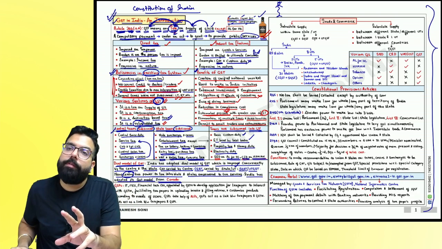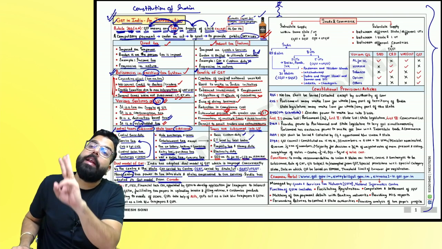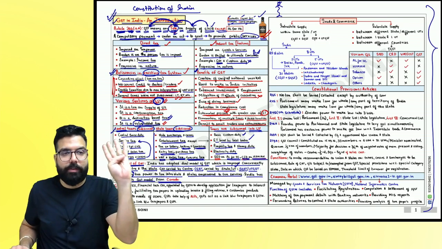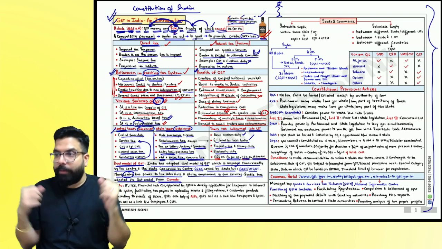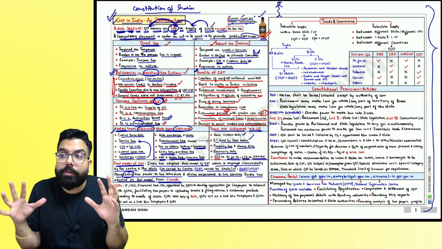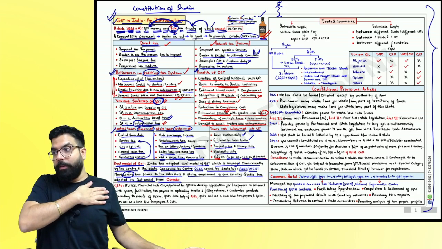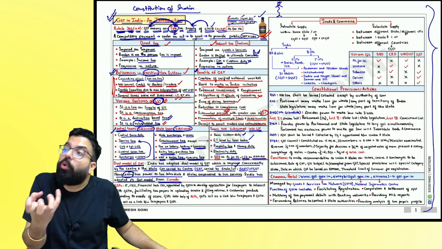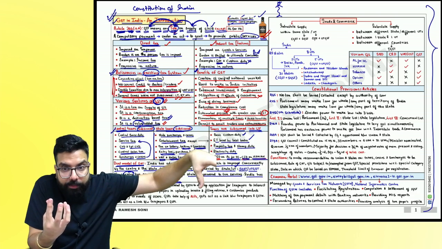Tax means the payment which you make to the government under an act so that the government can provide you various services. Then we learned direct tax and indirect tax difference. Direct tax is imposed on a person, and the burden is also borne by me. Indirect tax is imposed on goods and services, not on a person, and the burden is shifted.